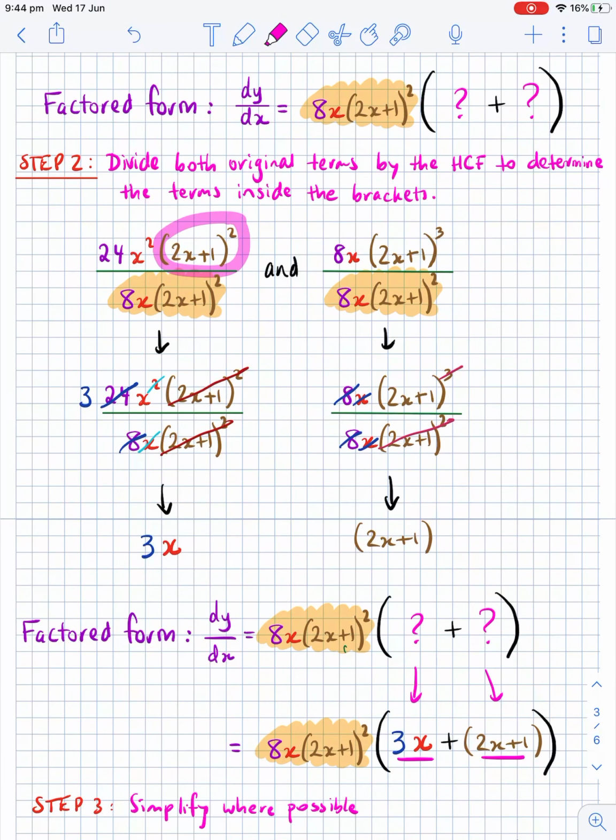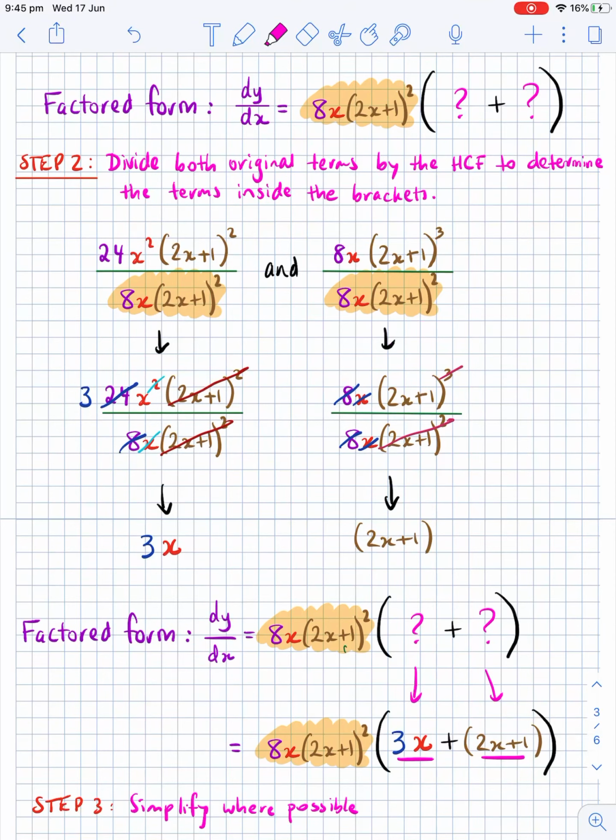You've got your 2x plus 1 squared and your 2x plus 1 squared. They're the same. They're going to cancel out, as you can see here. x squared over x, one of these x's is going to cancel out, leaving you with just 1 on top. And the 24 over 8, that's going to cancel to a 3 on top. That just becomes 3x. That's going to be your first part of your brackets.